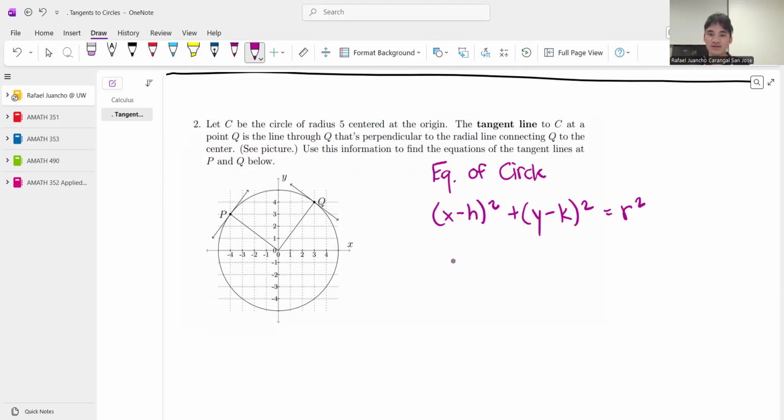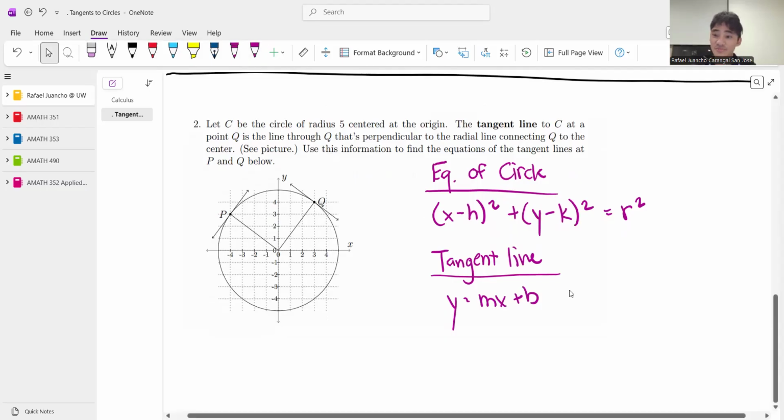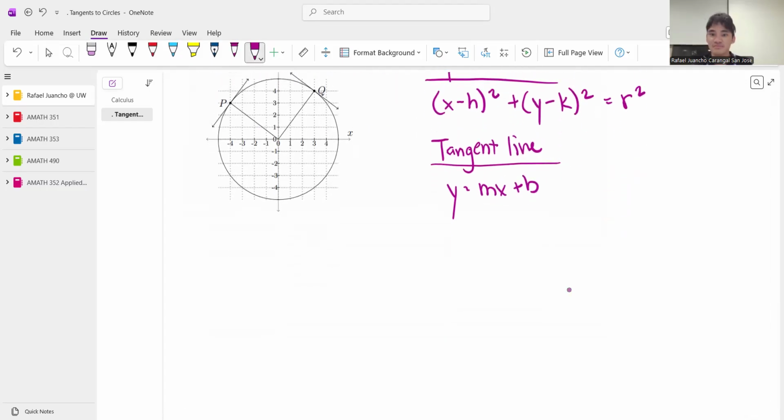It's a straight line. So the tangent line is most likely going to be in the form, you guys tell me, y equals mx plus b. There could be other forms to it. We could do something like y equals m times x minus x naught plus y naught, or y minus y naught equals m times x minus x naught, where for both of these, m is just rise over run.